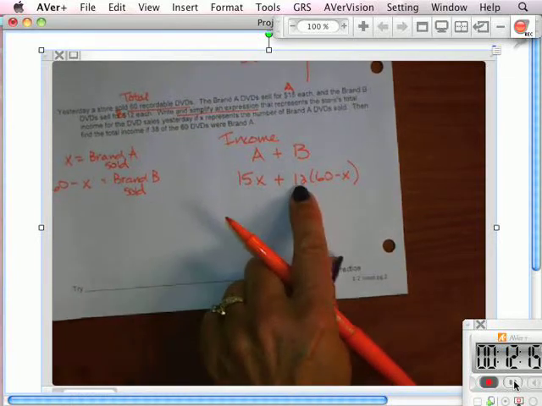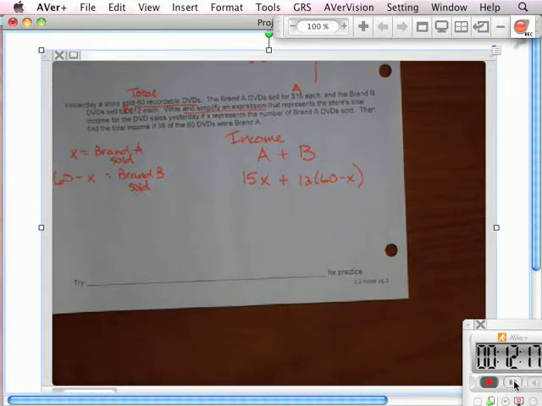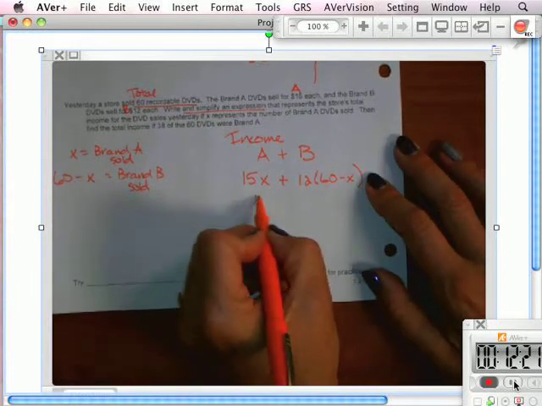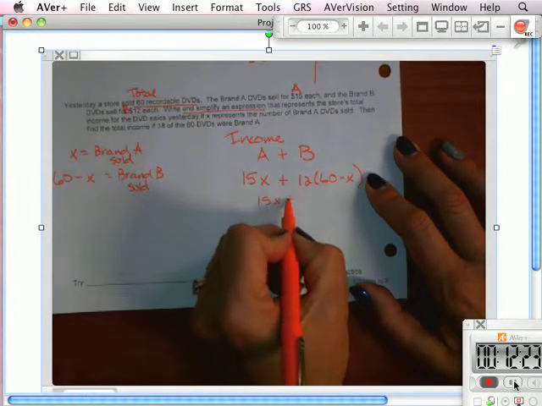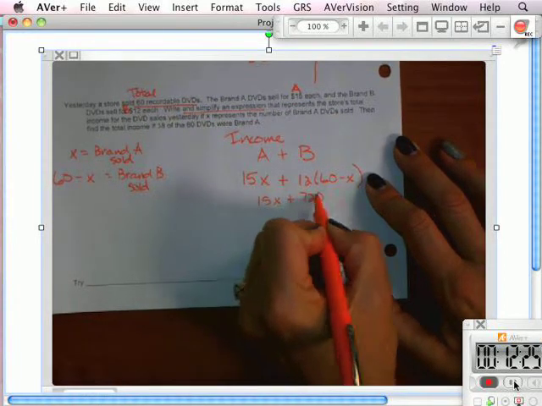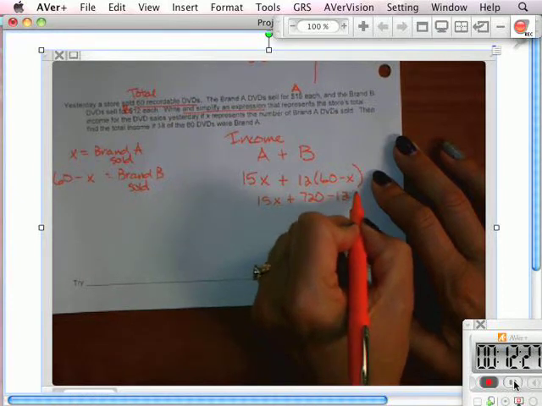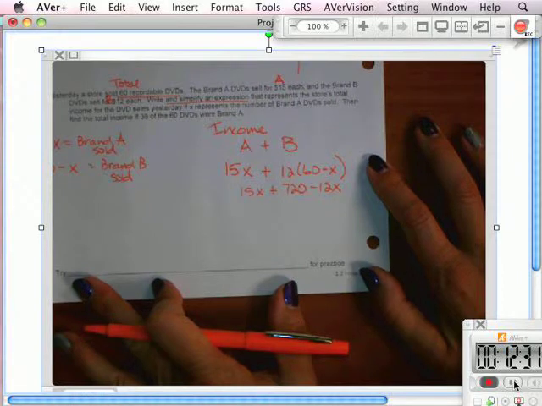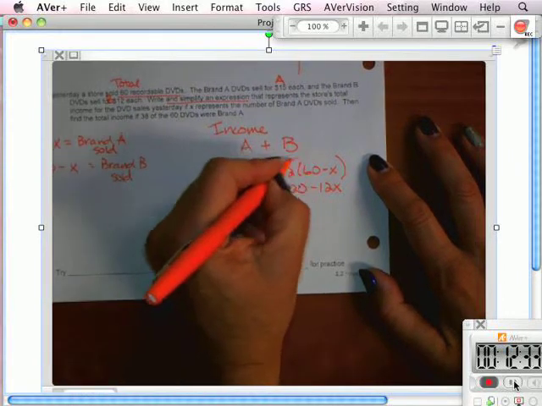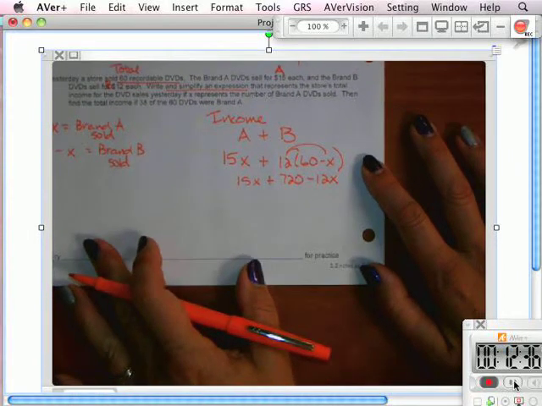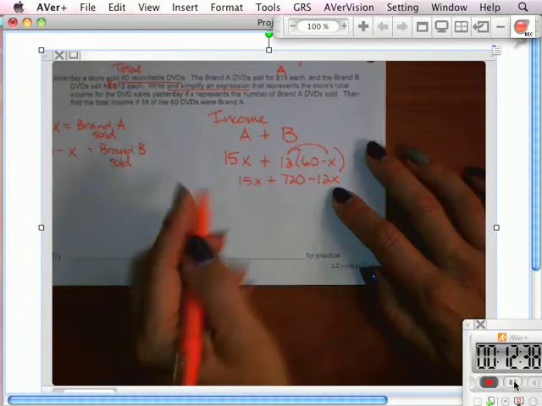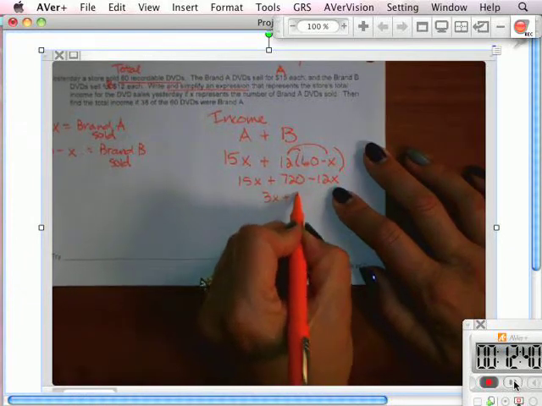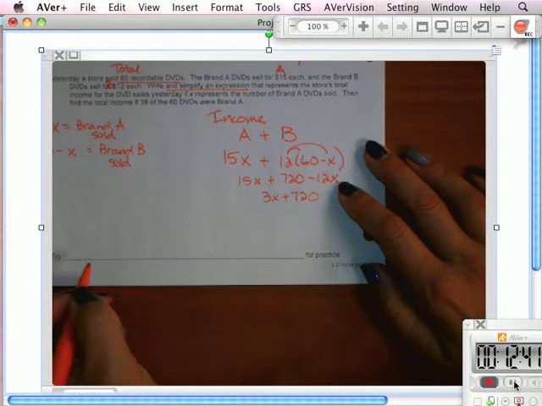B is worth $12. Now I simplify. So it's 15X plus 720 minus 12X. Combine the x's. It's 3x plus 720. That is part one right there.